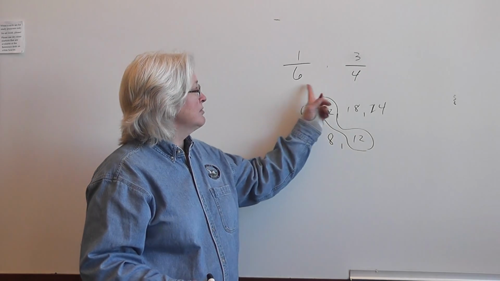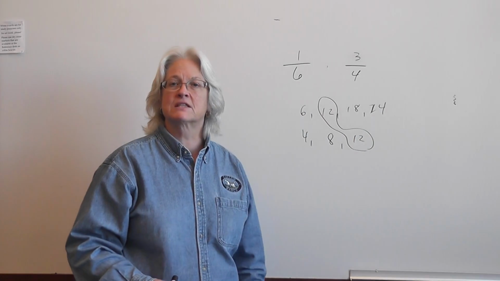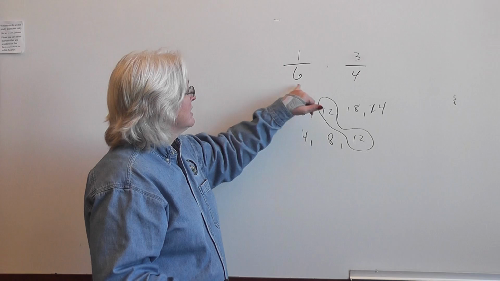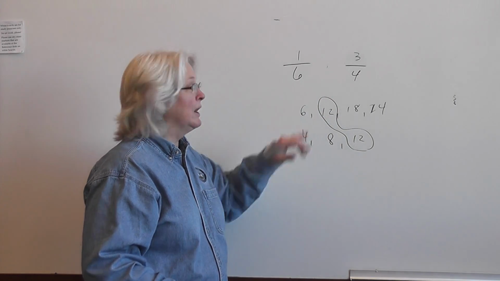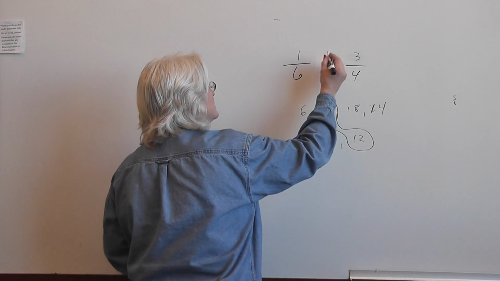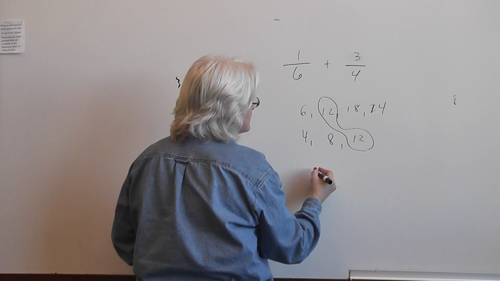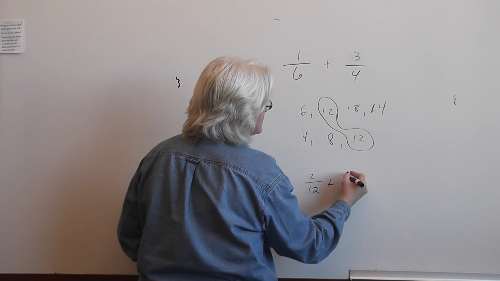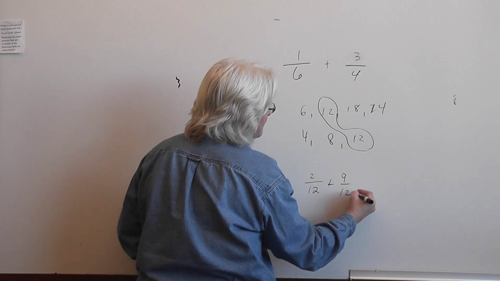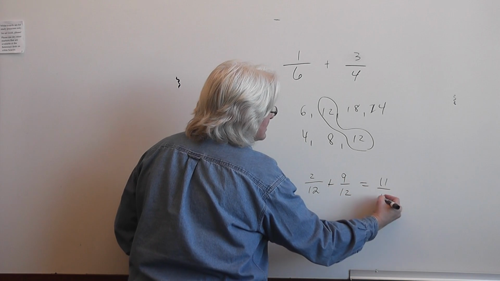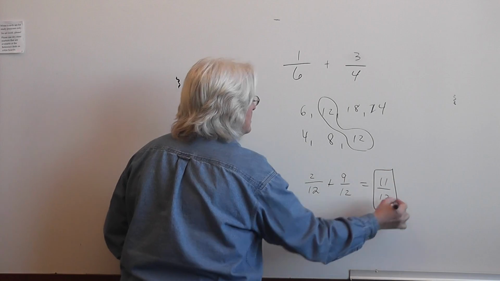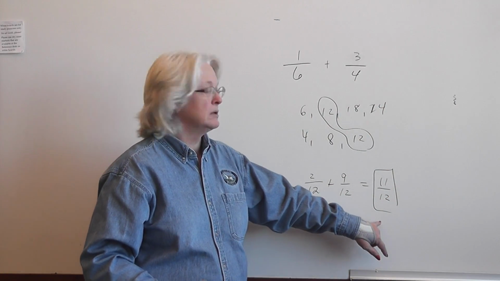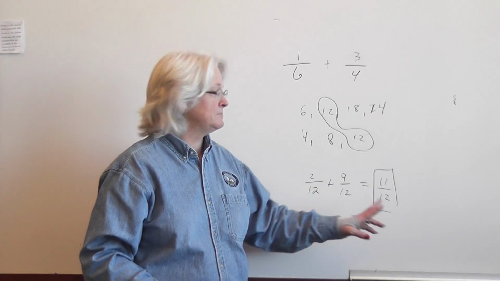What we're going to do is rename 1/6 and 3/4 as fractions with denominators of 12. So that if we had 1/6 plus 3/4, we would rename that to 2/12 plus 9/12, and then we would be able to see that our sum of 1/6 and 3/4 is actually 11/12.